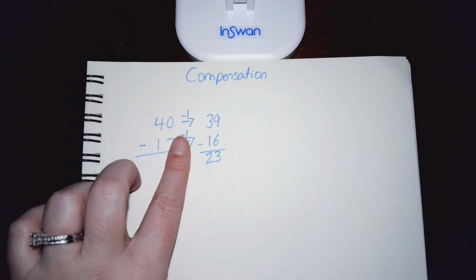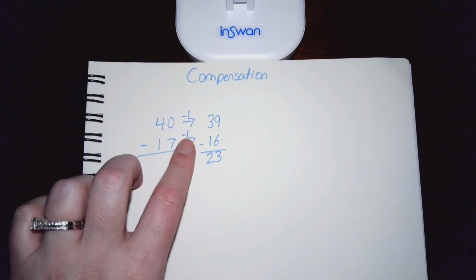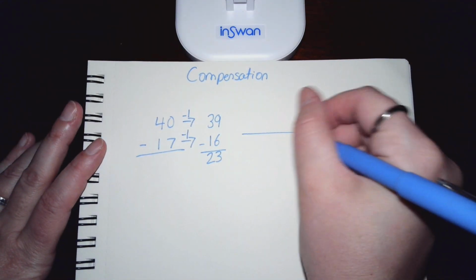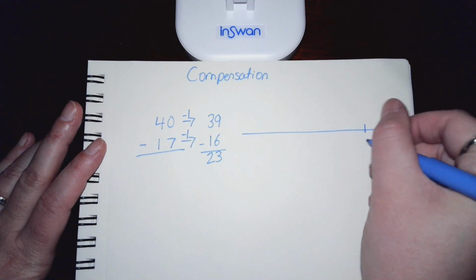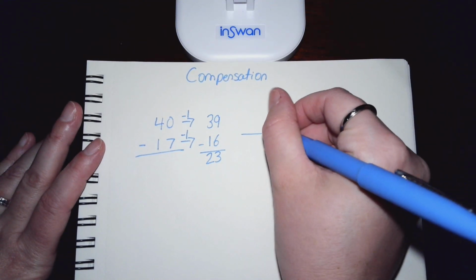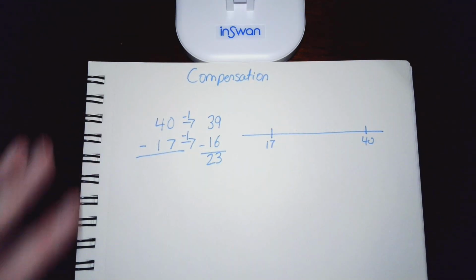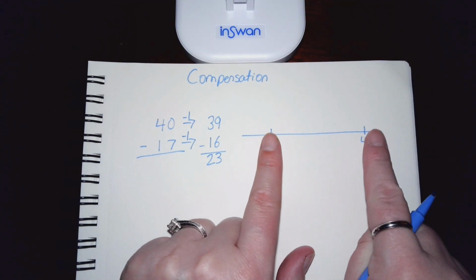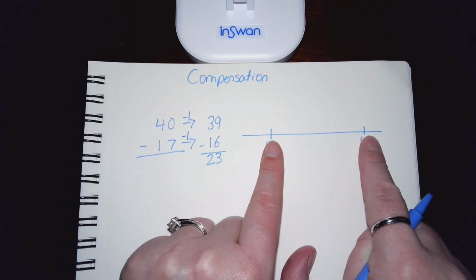So just to show you why we have to take 1 away from each. If I'm on a number line, and I was at 40, and I was at 17, remember that we've talked about subtraction being the distance between two numbers.